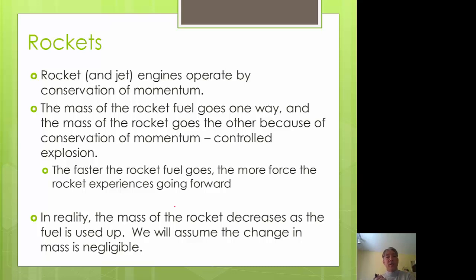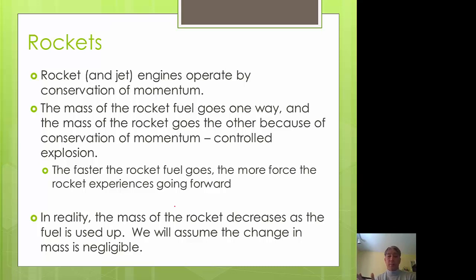By conservation of momentum, the air or the rocket fuel had its momentum changed because it was at rest, and now it's going at hundreds of meters per second. And by conservation of momentum, the jet or the rocket must go forward a similar change in momentum. The force that the jet puts on the air equals the force that the air pushes on the jet.